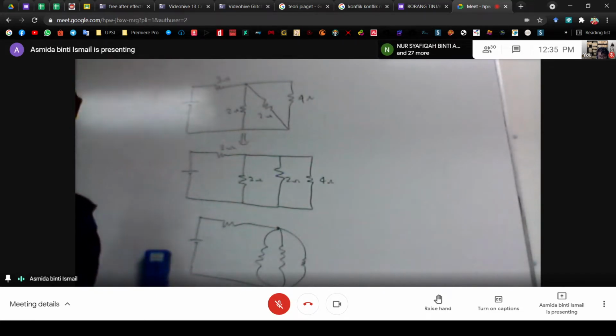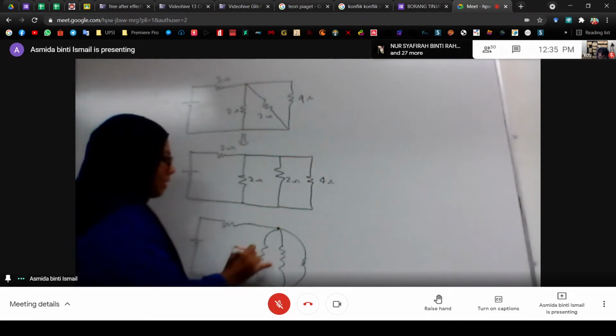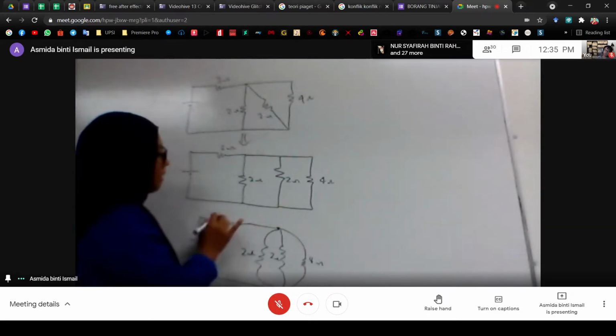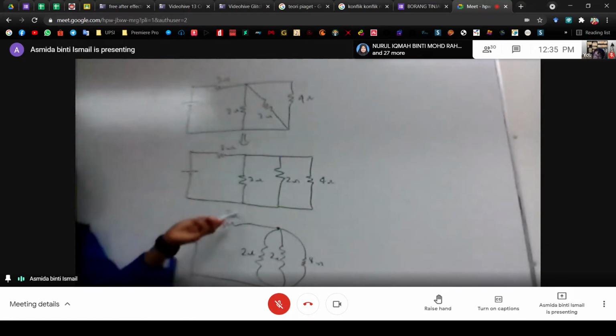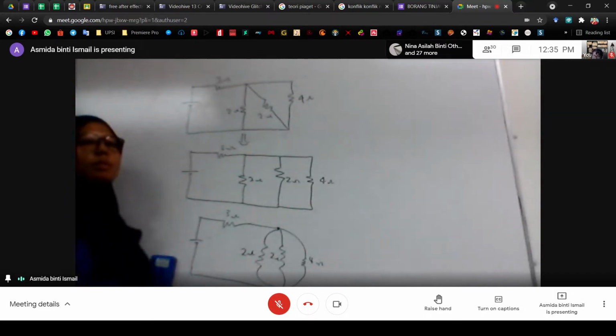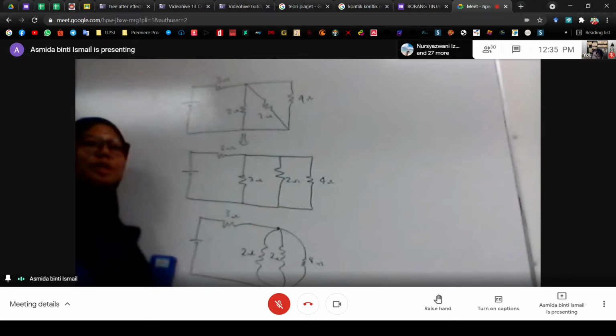Saya nak lukis macam ni. Tak apa, boleh lukis. Sama je. All of this is the same circuit, but it depends on how you draw it. Sama je ni. Cuma macam apa ni? Tengok macam ni dah naik zero terus cuak. Apa ni? Ni tak ada apa-apa pun.